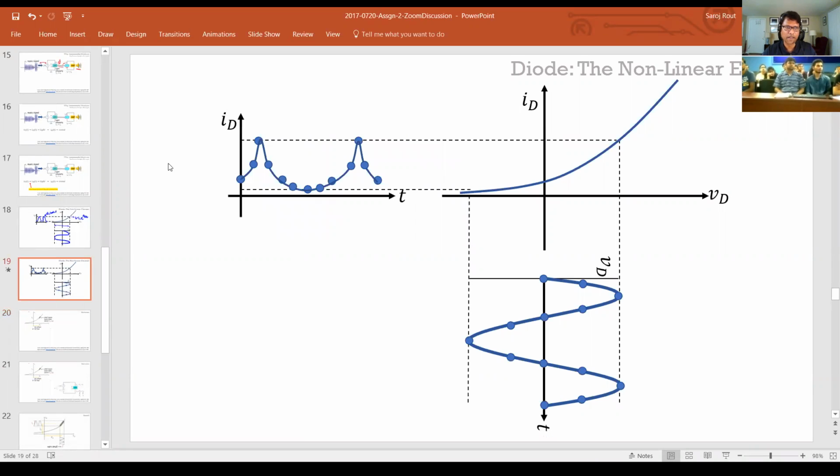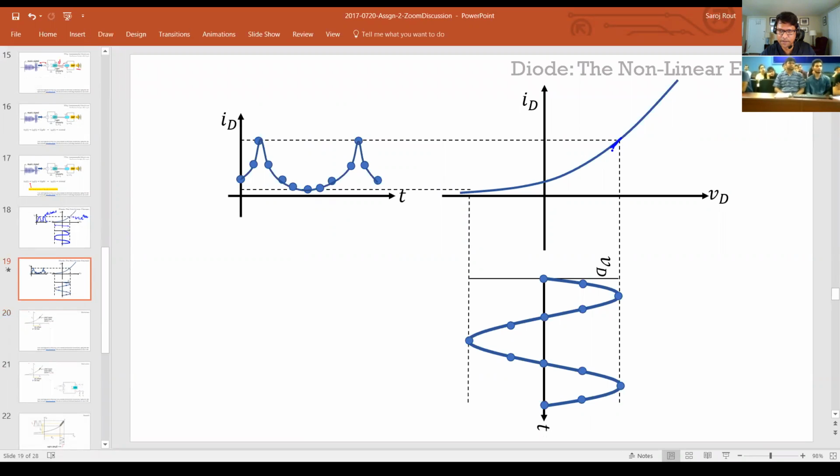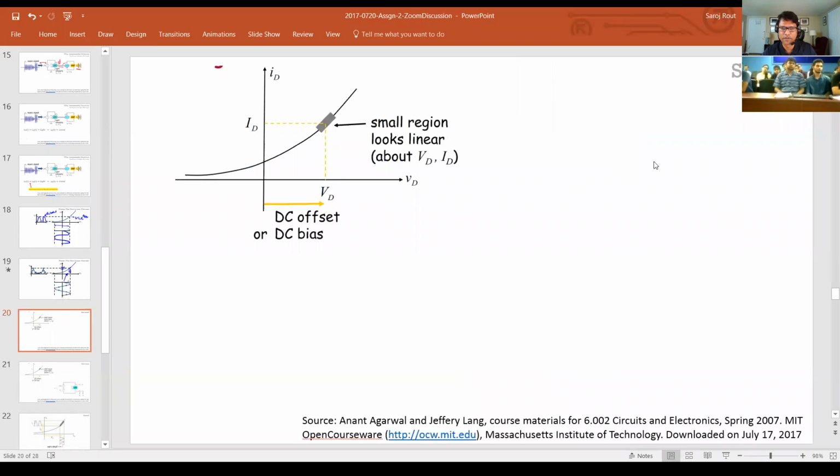So if you look at a very small region here, it roughly looks linear, right? If I can take this signal and compress it to this region here, then my output will roughly be linear. That's the idea. So essentially what you do is you put a DC offset.